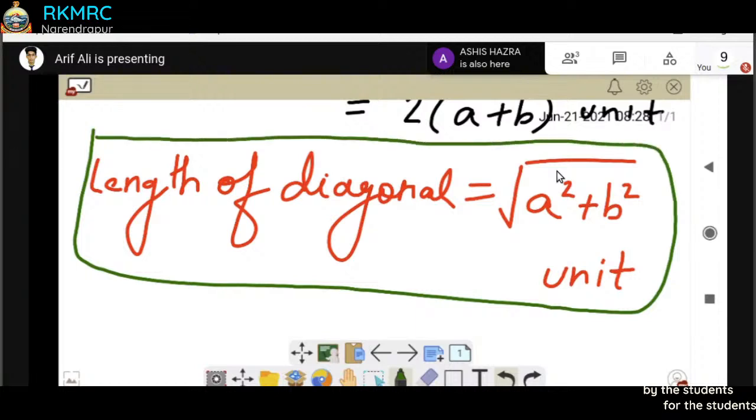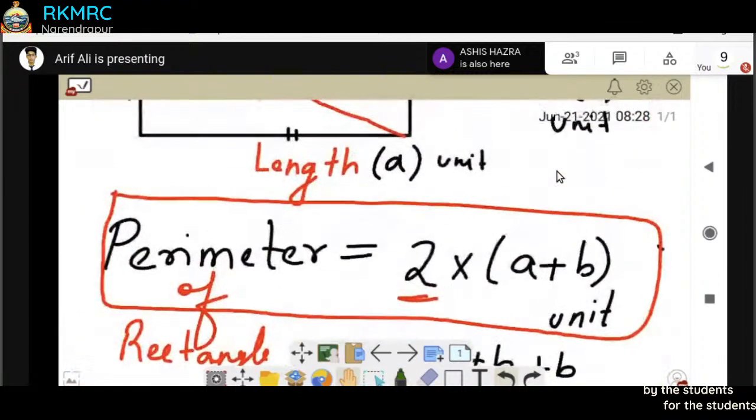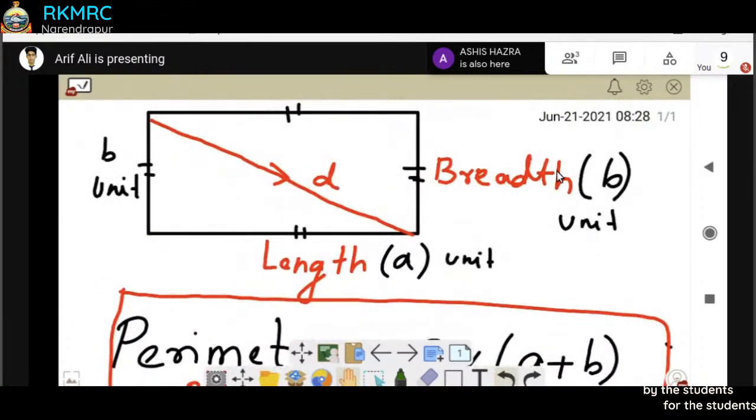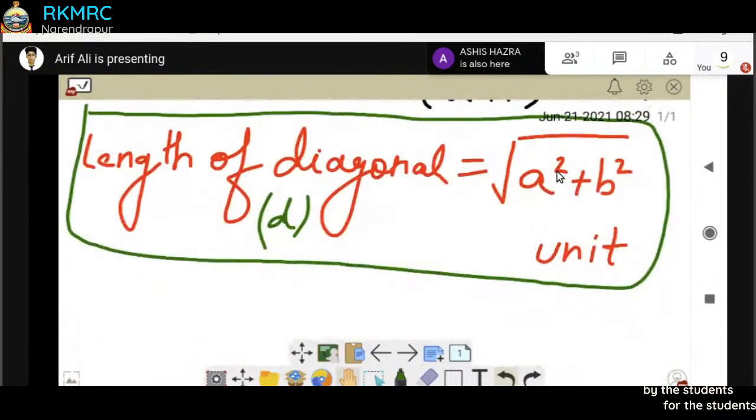So this is your length of diagonal. Which diagonal? This diagonal, which I represented with D. This is your right angle triangle. This is 90 degree, and this we calculated, this length of D. The formula is your root under A square plus B square. Beside you write unit.